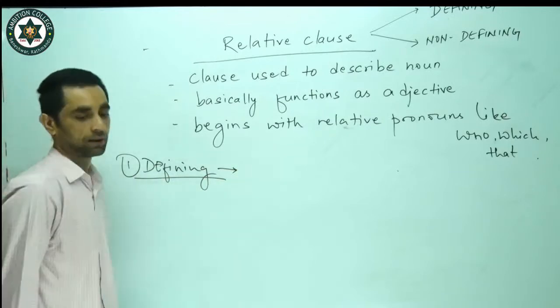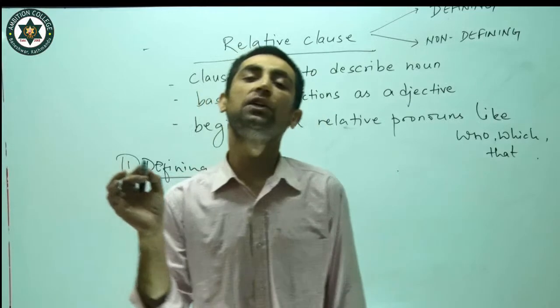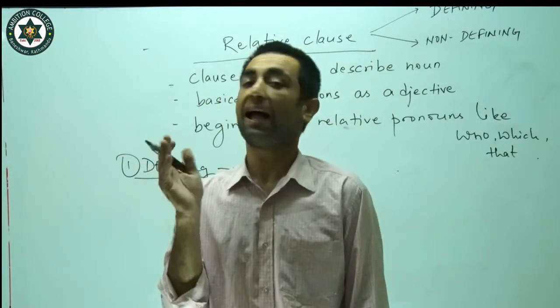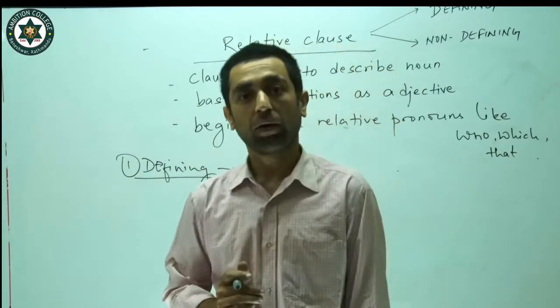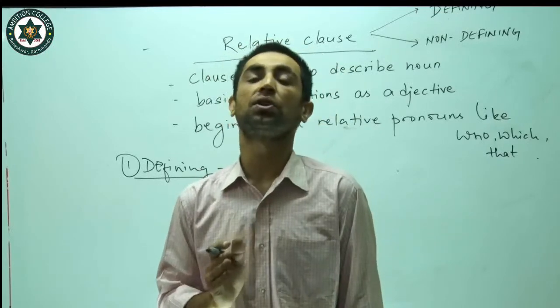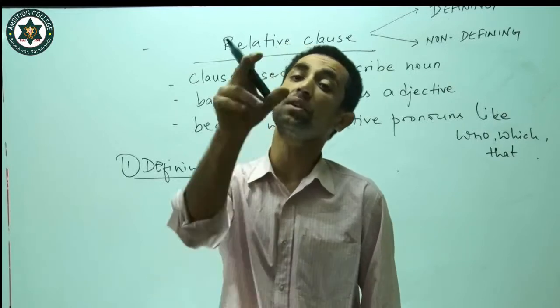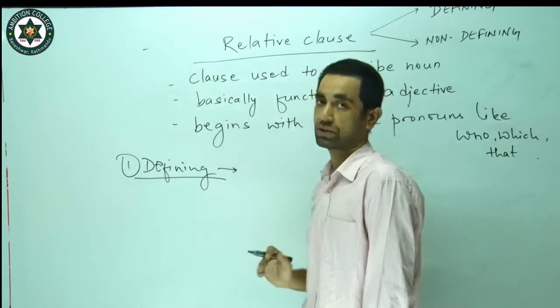Now first let's understand what is a defining relative clause. A defining relative clause provides us the important information, as a relative clause is always there to describe the noun. Now the relative clause that provides us the important information about the identification of that noun, we call it the defining relative clause.